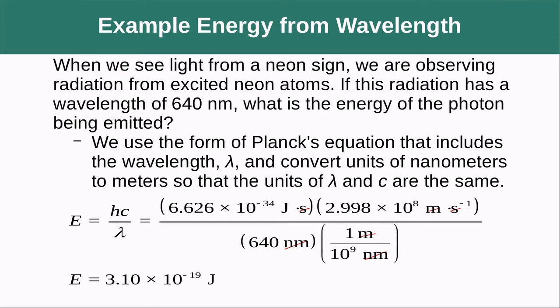And some other times when they ask these questions, if you look in the homework, sometimes they're going to ask, what is the energy per photon? And they may even ask you, what is the energy of multiple photons? At which point you need to realize that that would just be some multiple of this energy. There's a good example of this in the homework problems. It's just something to pay attention to. It really depends on how they ask the question.